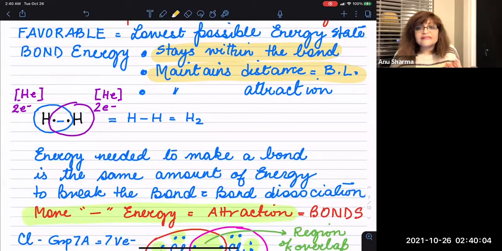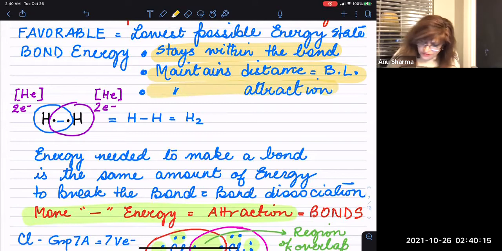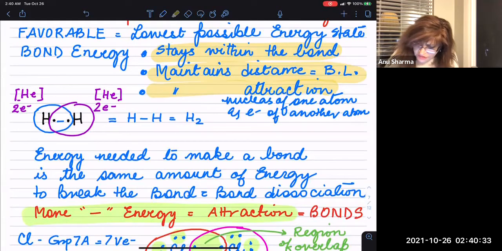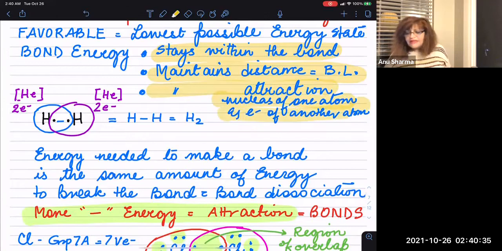That is bond energy that stays inside the molecules, gives them shapes, gives them a certain structure. And that maintains the attraction between the nucleus of one atom and electrons of another atom. So that is the main thing.